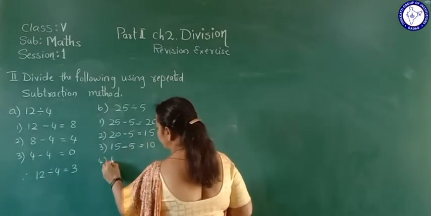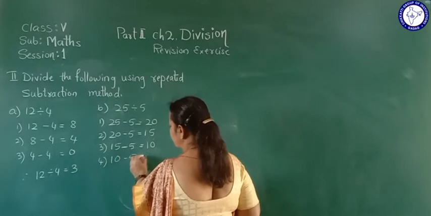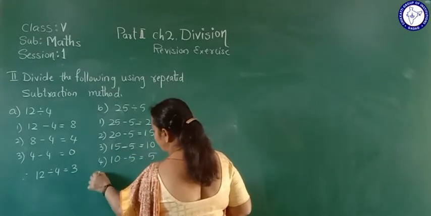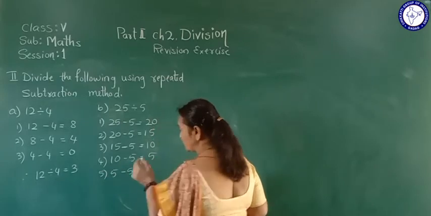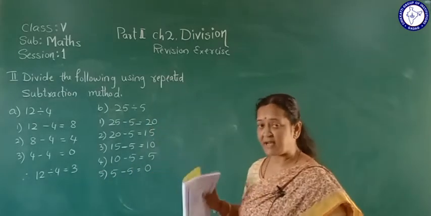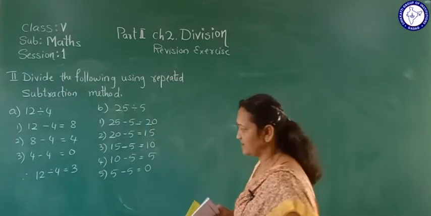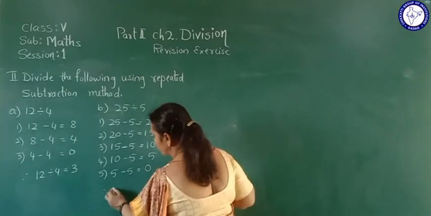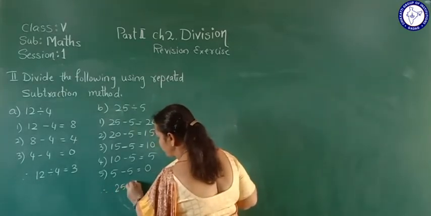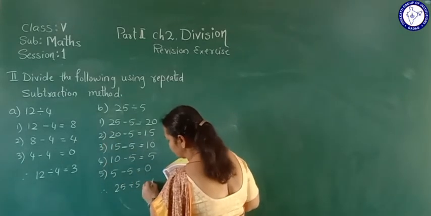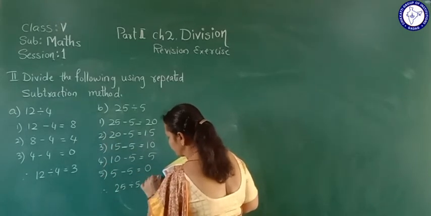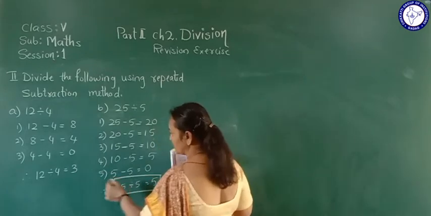Fourth step, 10 minus 5 is 5. And fifth step, 5 minus 5, how much do we get? 0. Till you get 0, you should keep subtracting. Therefore, 25 divided by 5, the answer we get is 1, 2, 3, 4, 5. This 5 answer you should write. Here, this is the answer.